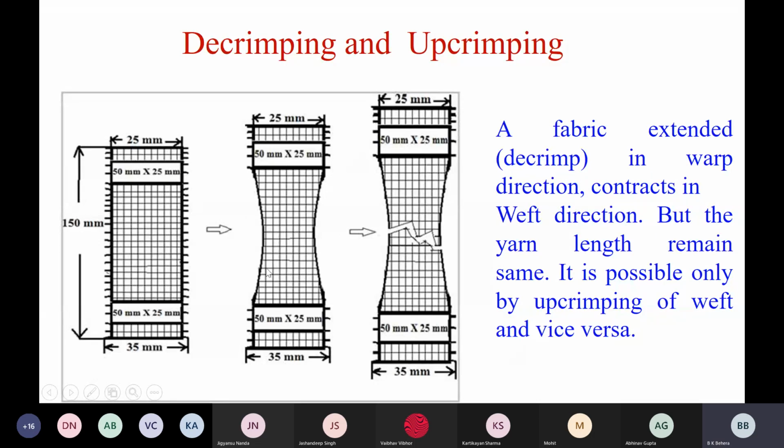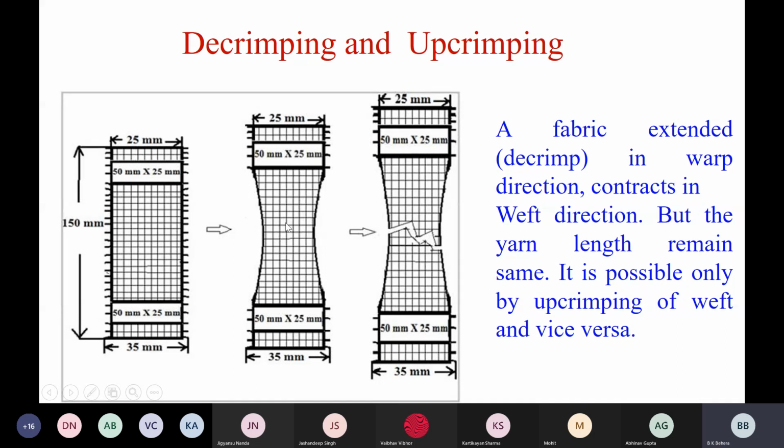When I extend in this direction, the crimp in this warp yarn gets removed, and exactly a similar amount of crimp is inserted in the transverse thread, that is the weft yarn.